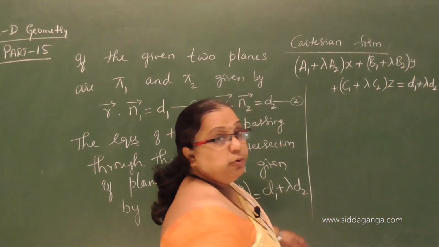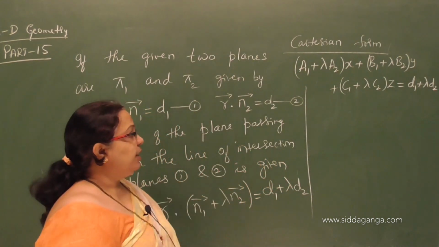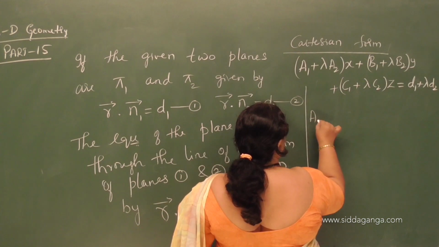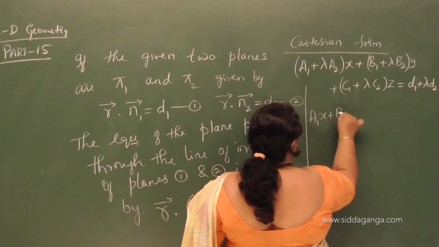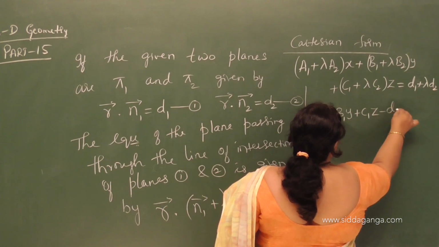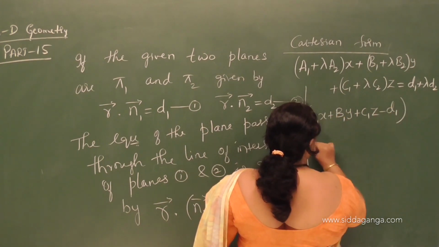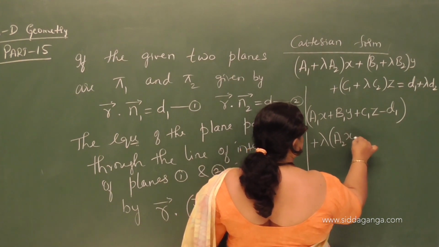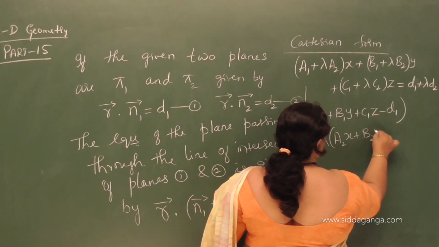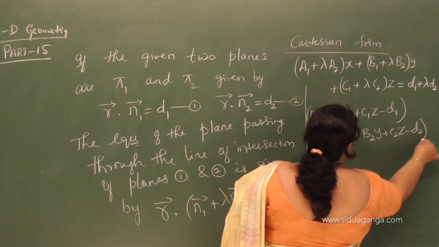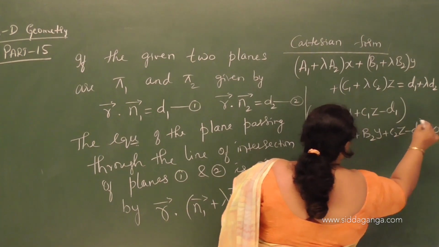If we simplify this, it becomes a1x plus b1y plus c1z minus d1, plus lambda times a2x plus b2y plus c2z minus d2, equal to 0.